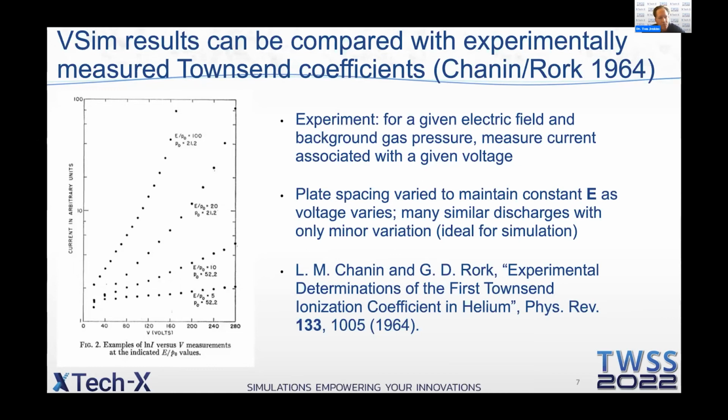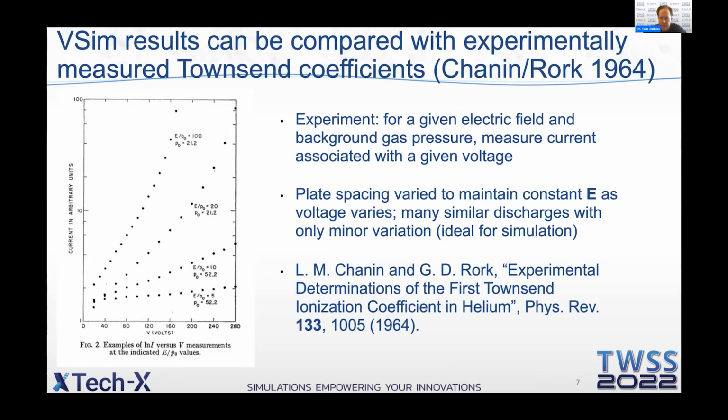Okay. Did the simulations include metastable states for argon? Let's see. I don't actually remember that. For the Paschen, I don't think so. That's certainly a thing you could add.